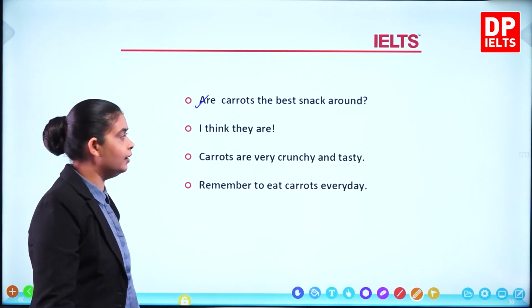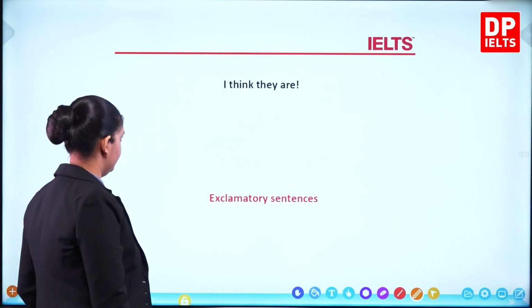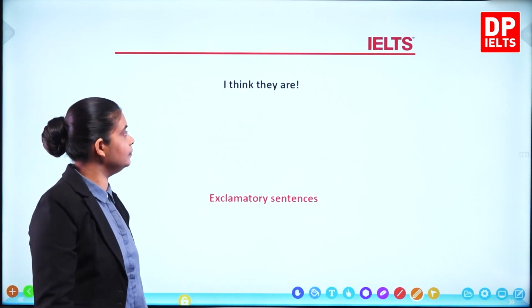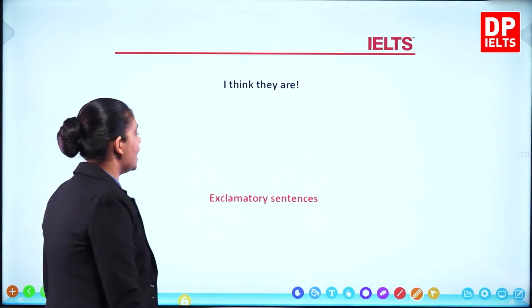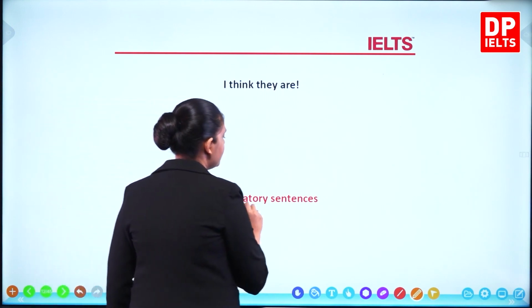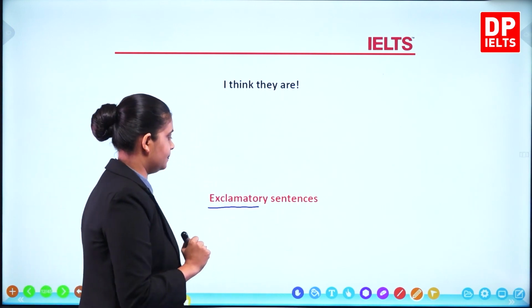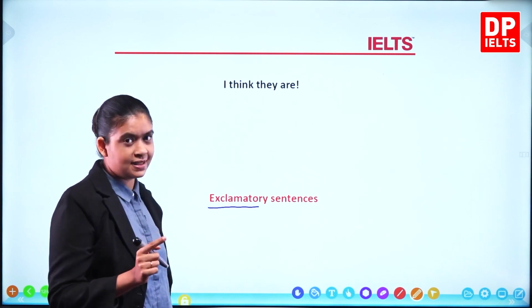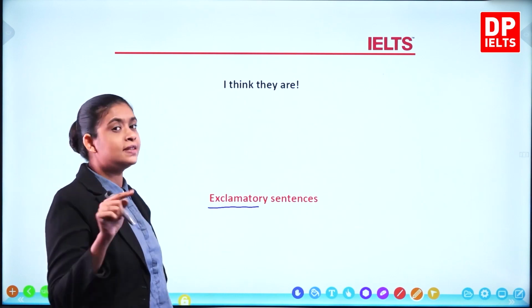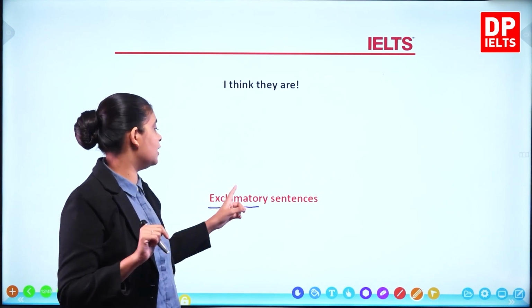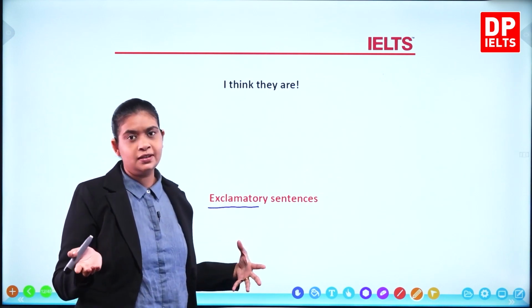I think they are. I think they are. They are known as exclamatory sentences. What sentences? Exclamatory. Some people actually call it exclamatory sentences. That's fine, okay?